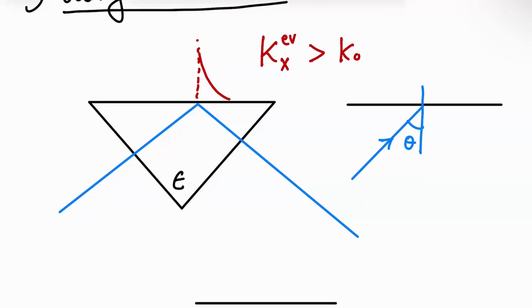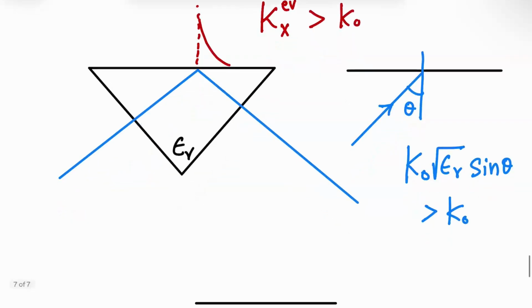So this is theta. Then for my incoming wave, the x component of k is k naught square root of epsilon r sine theta. And if sine theta is large, close to 1, let's say, and epsilon r is also large, then this can be greater than k naught.